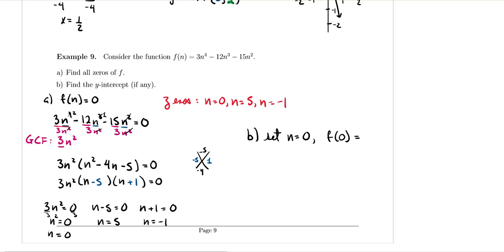And in this case, if n is 0, then f of 0 is just going to be 3 times 0 to the 4th minus 12 times 0 cubed minus 15 times 0 squared, which is just 0. So f of 0 is equal to 0. So there we go.